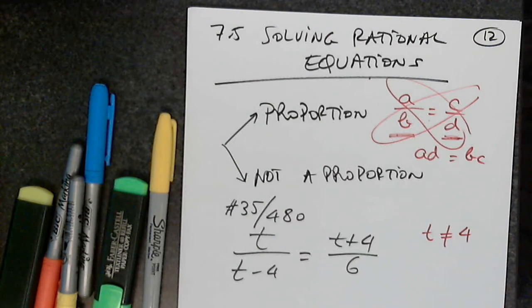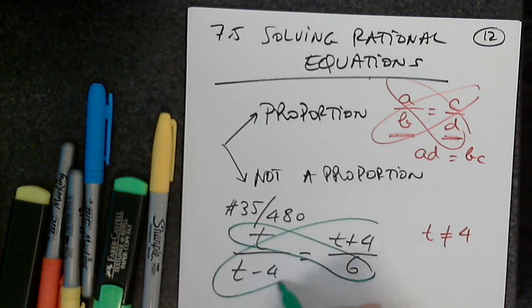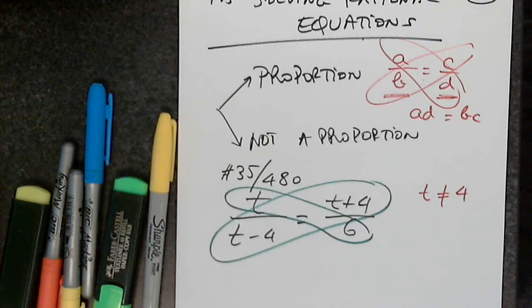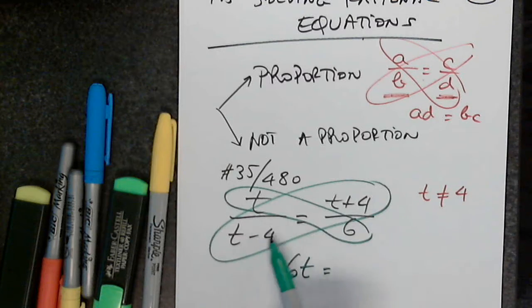And I can go ahead and apply the cross multiplication property that works only in a proportion. So then, what will you tell me this is? 6t equals, now this, you know how to factor it and you know how to multiply it. I want to use the special product and give me the answer.